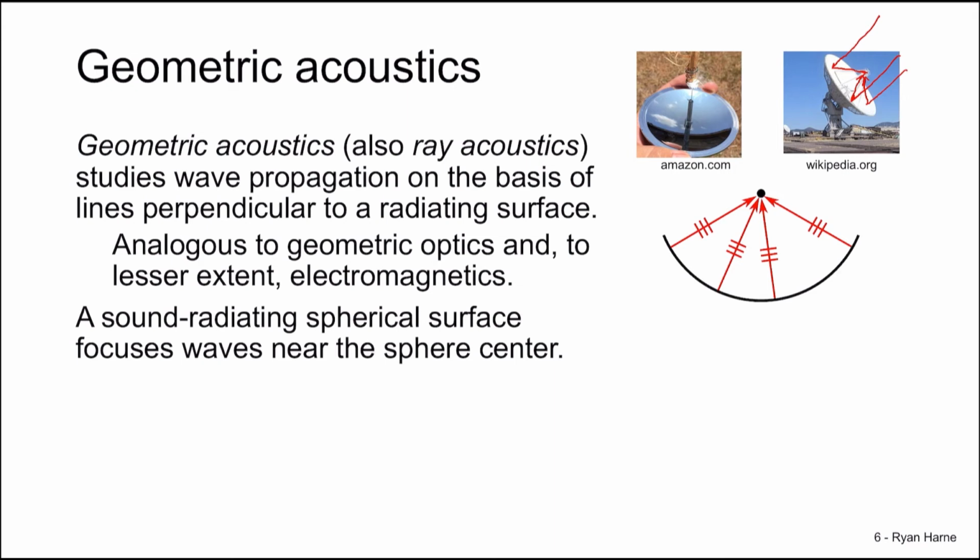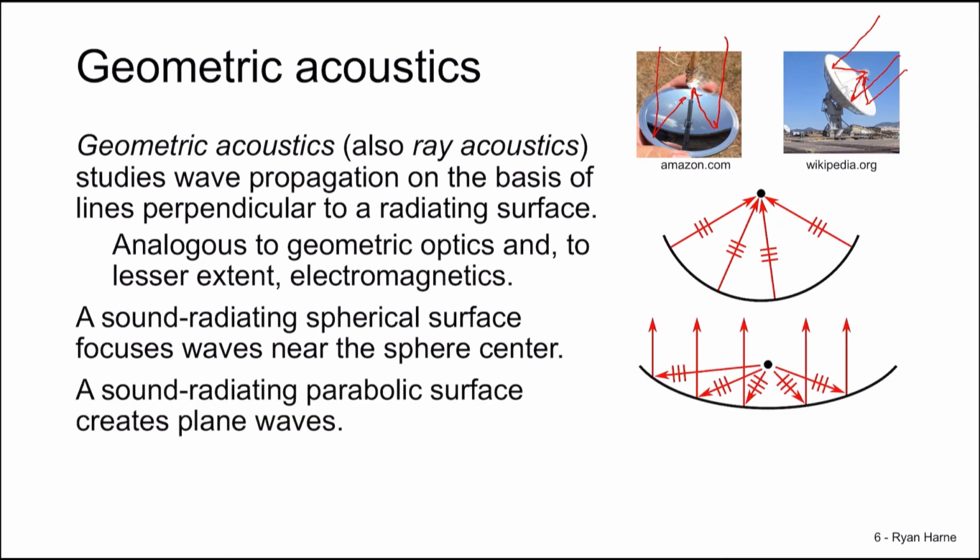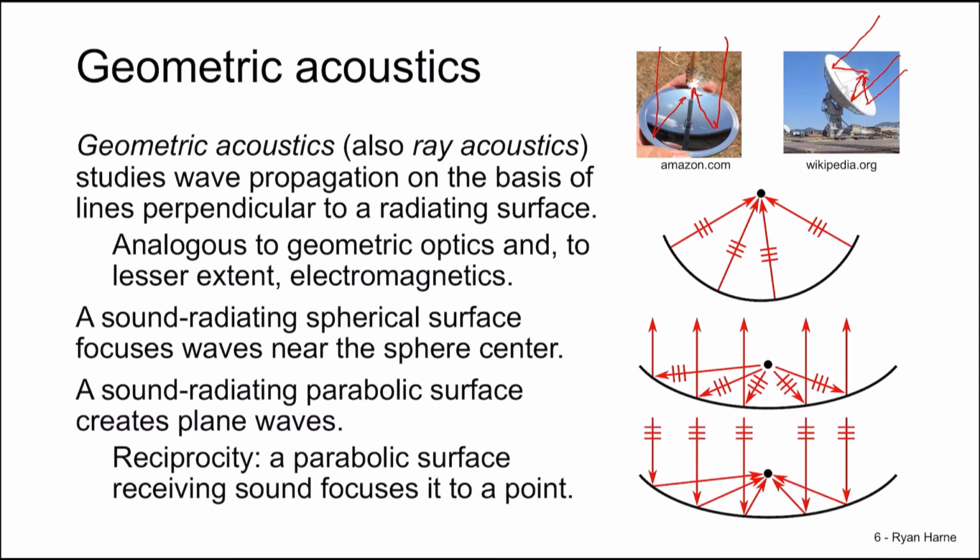We can also focus waves arriving from the far field using a similar principle to that used for light and electromagnetics. In this case, we use a parabolic reflector. If we transmit from the center of the parabola, we generate plane waves. Whereas if we receive, the parabola will focus those sources to a point on the basis of acoustic reciprocity.